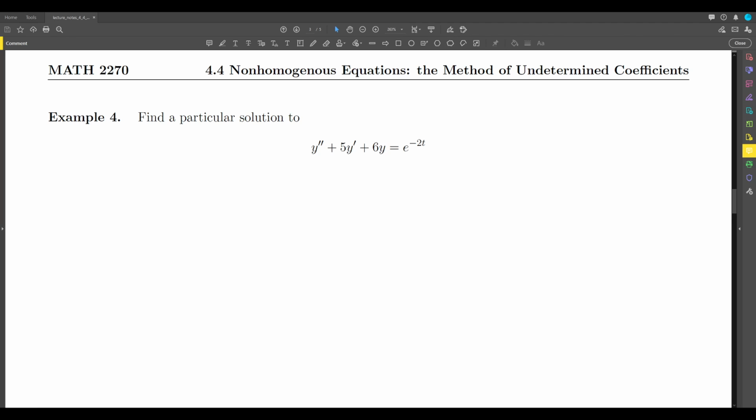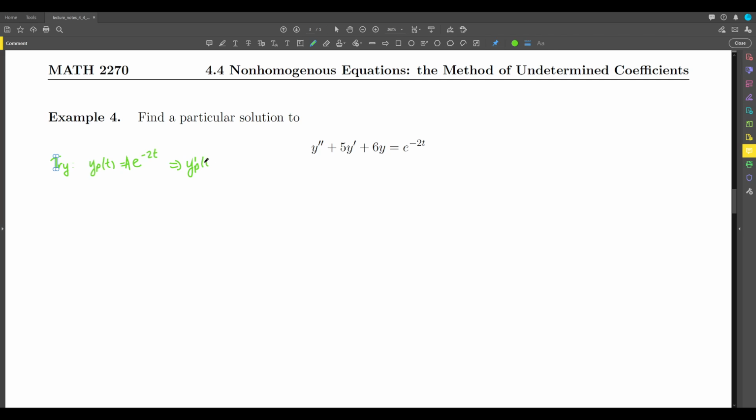So what we did in example 2, we tried to solve this by setting yp of t equal to e to the power negative 2t with a constant in front. And that worked really well last time, so let's see what happens here.